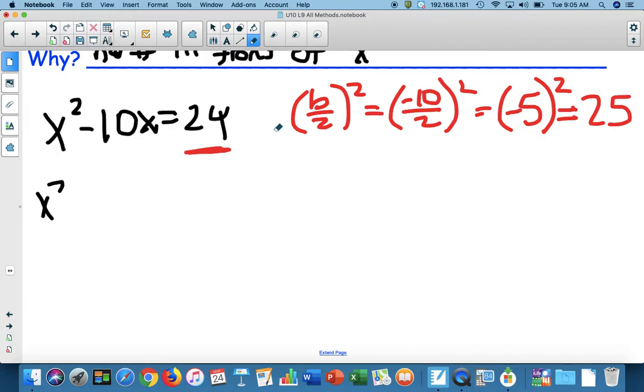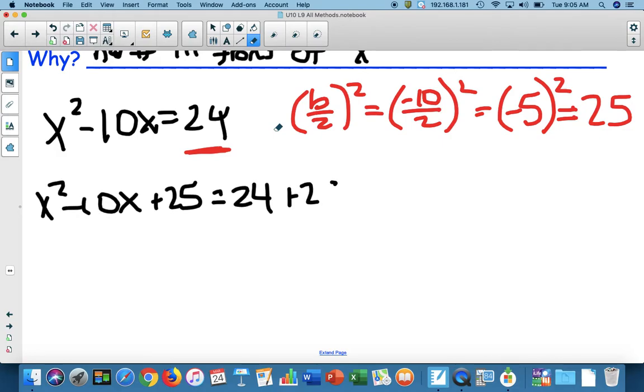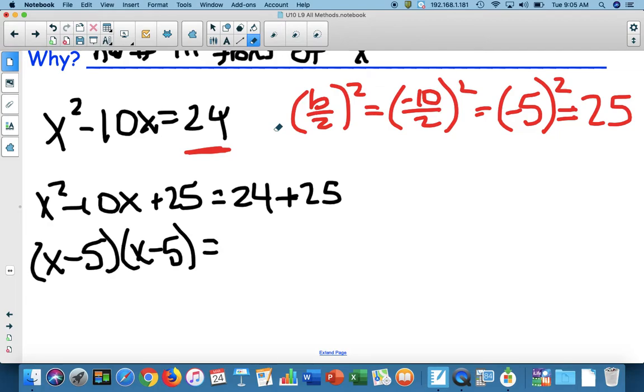So we have x squared minus 10x plus 25 equals 24 plus 25. Alright. Now we go from here. We have x minus 5 and x minus 5 equals 99. I'm sorry. Wow. My math is very off.